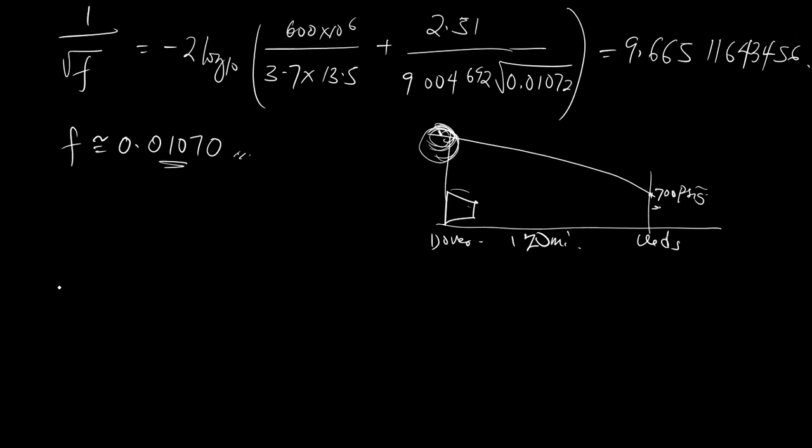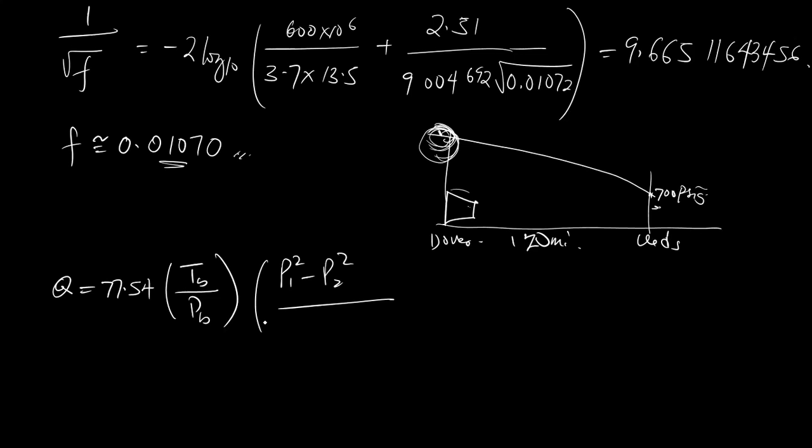So we now apply the flow equation where you have Q will now be equal to 77.54 times base temperature divided by base pressure times P1 square minus P2 square divided by G, the gas gravity, divided by the gas flow temperature, divided by the length of the pipe, divided by compressibility factor, divided by friction, all raised to power 0.5 times the internal diameter raised to power 2.5.